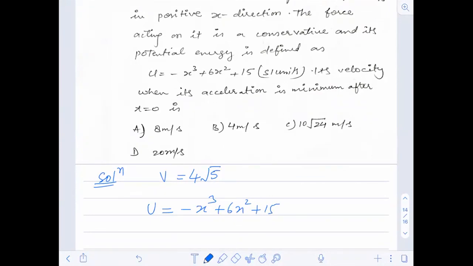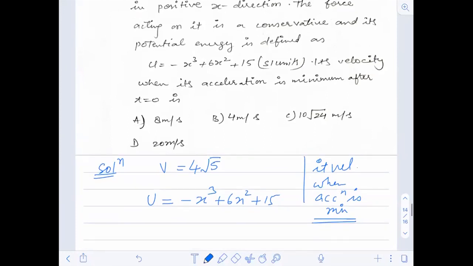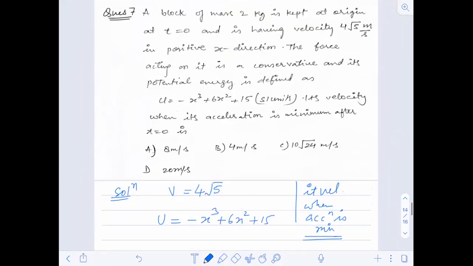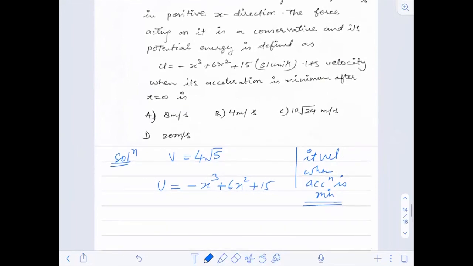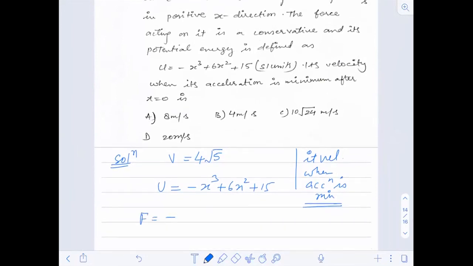We have to find its velocity when its acceleration is minimum. So we know that F is equal to minus dU by dx.